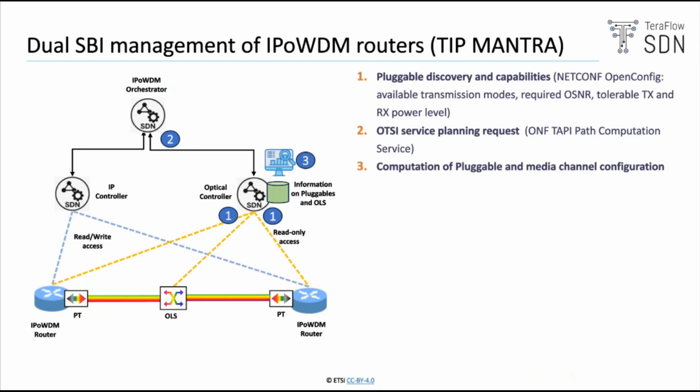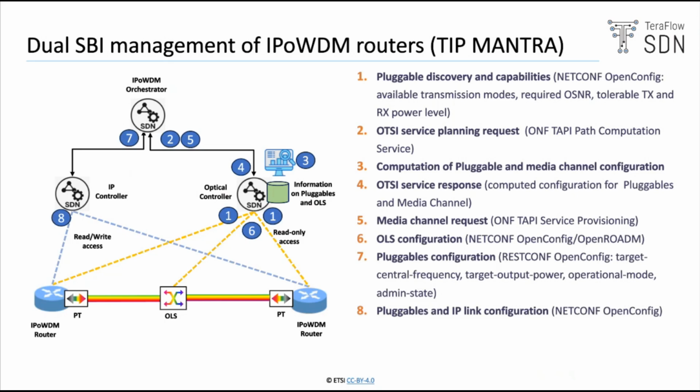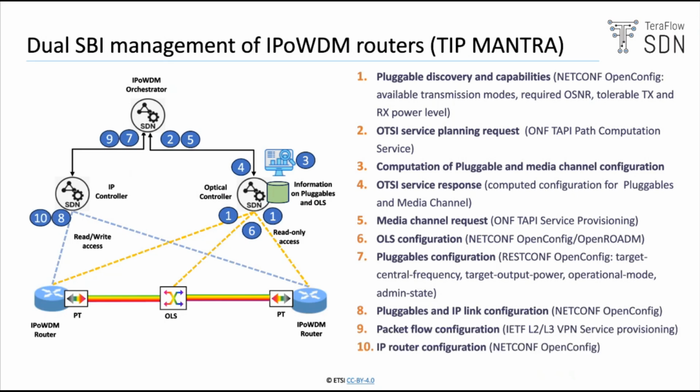Then the computation of the pluggable and media channel is performed at the optical controller layer. This gives a response. Then there is a media channel request that allows to configure the different OLSs. Then we are able to configure the pluggables at the IP controller layer using the RESTCONF OpenConfig protocols, including the different central frequency, output powers, operational modes, and so on.